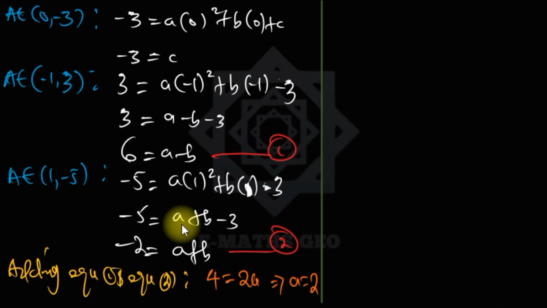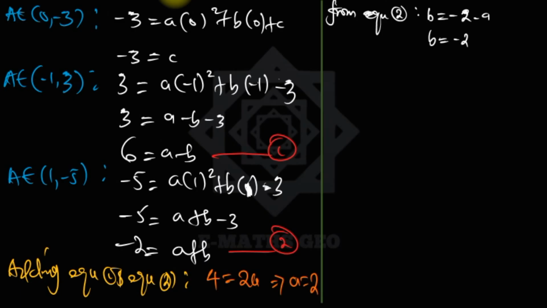Since we've gotten the value of a, we'll choose any of the equations and substitute a as 2. Let's choose equation 2, I think equation 2 is better. From equation 2, if we solve for b, b is minus 2 minus a, which is minus 2 minus 2, which is minus 4.